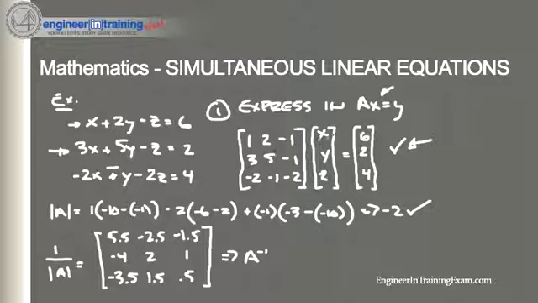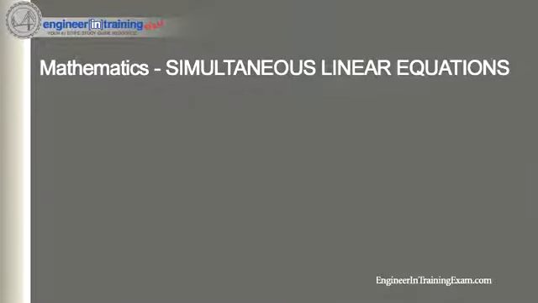Now let's play that out. So pre-multiplying, let's just skip the step number 3. We know once we pre-multiply that we're going to get a new matrix form in the format of x is equal to the inverse matrix of A times y.